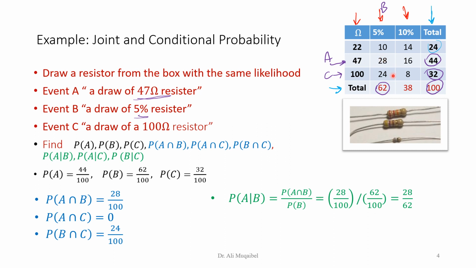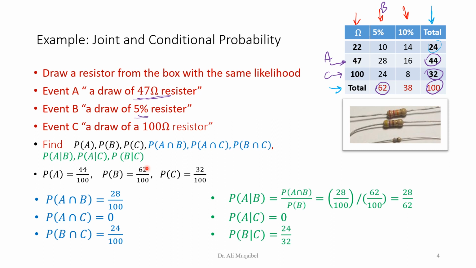It's 28 divided by 62 directly, as if we have reduced our sample space from 100 to 62 by knowing it's already in B. So you either do it by the formula or by the definition of conditional probability. We can do the other conditional probabilities. A and C are disjoint, so the conditional probability is going to be 0. Whenever you know it's 100 ohm, it cannot be 47 ohm.